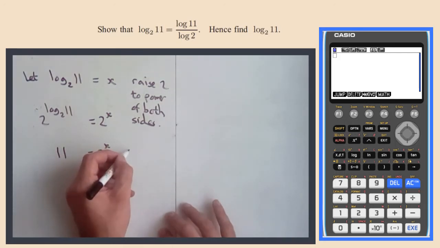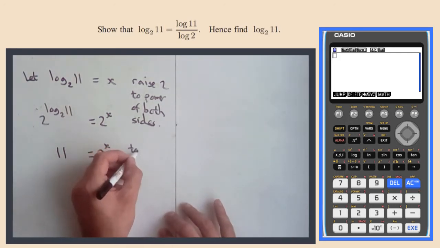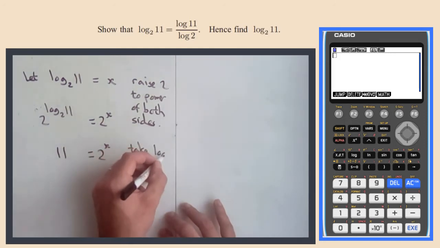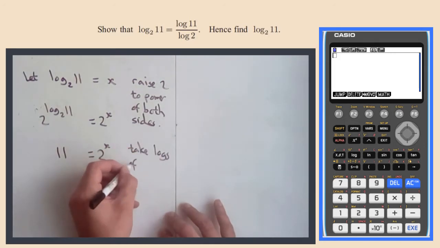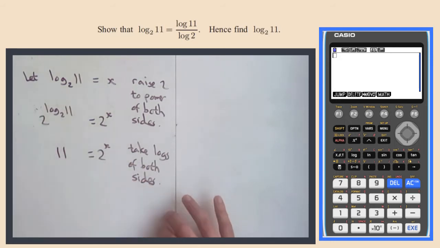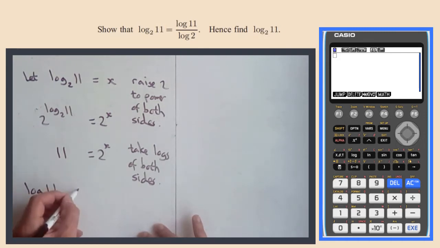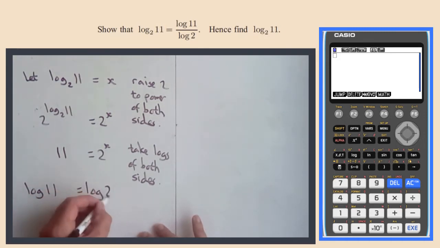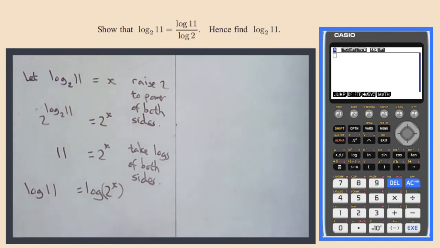So now what we're going to do is take logs of both sides. And that just means you write log 11 equals log 2 to the x. Log left equals log right. Now what I'm going to do is use the third law.